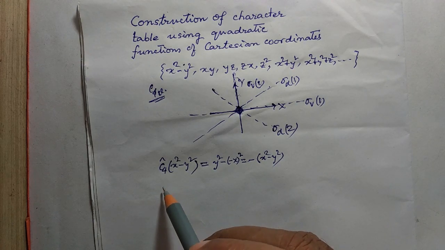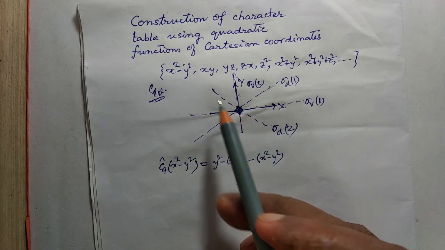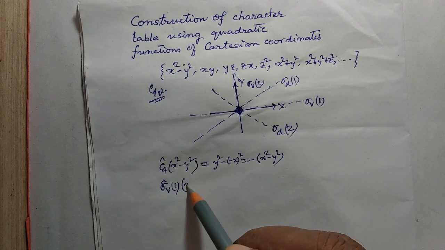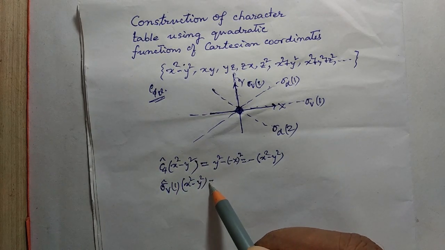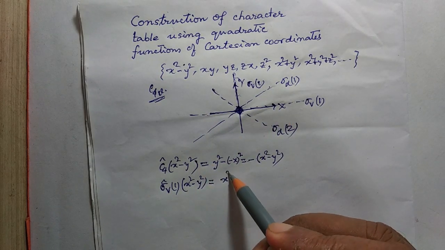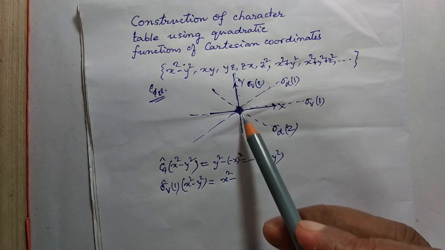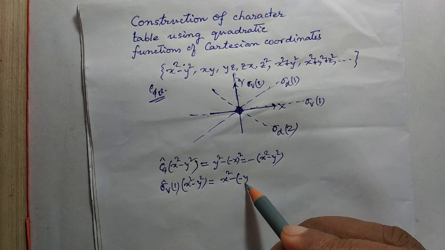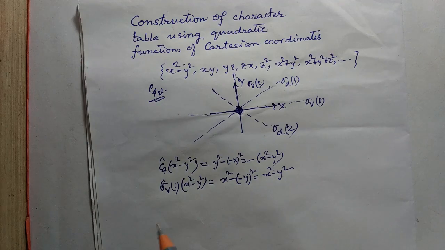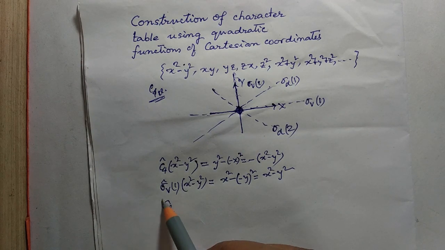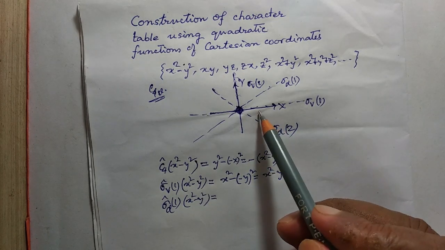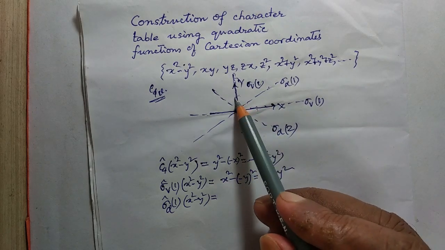If we apply sigma v1 operator on x square minus y square, the result will be what? Sigma v1 keeps x unchanged and turns y into minus y by reflection. So this is x square minus y square. Sigma d1 on x square minus y square: sigma d1 turns x into y and y into x.